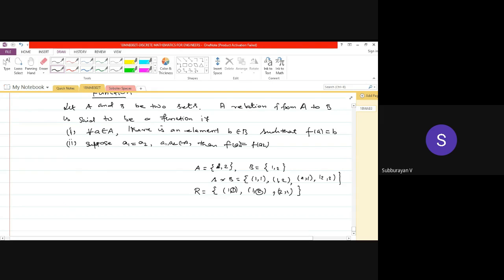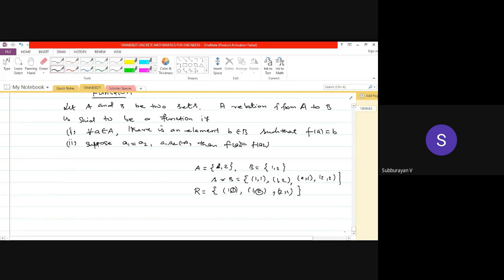If you take any one input, there should be only one output. We are not considering more than one output in the case of a function, whereas in a relation, if you give one input, there can be more than one output. R is a relation, but R is not a function.